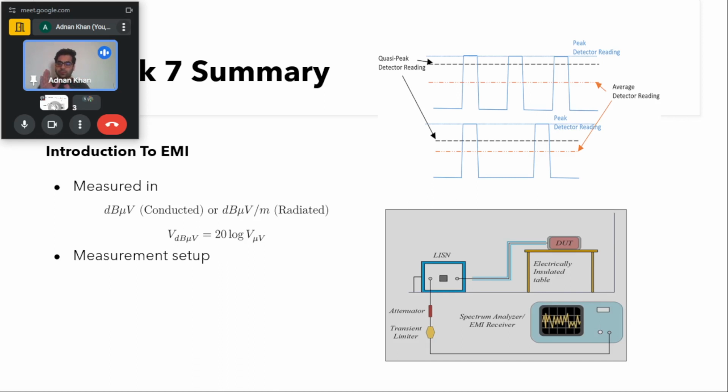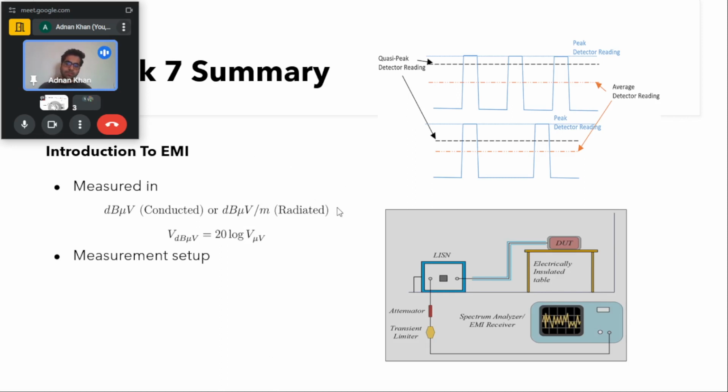The distance between the source and the sink plays a vital role there, because if the source is very far from the receiver, then it may not be able to affect that component to that extent, unlike if that source is very near to that component. So in the case of radiated EMI, it is measured in dB microvolt per meter.